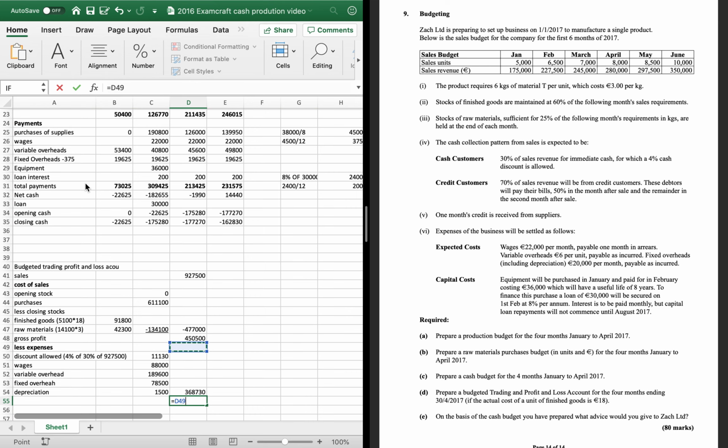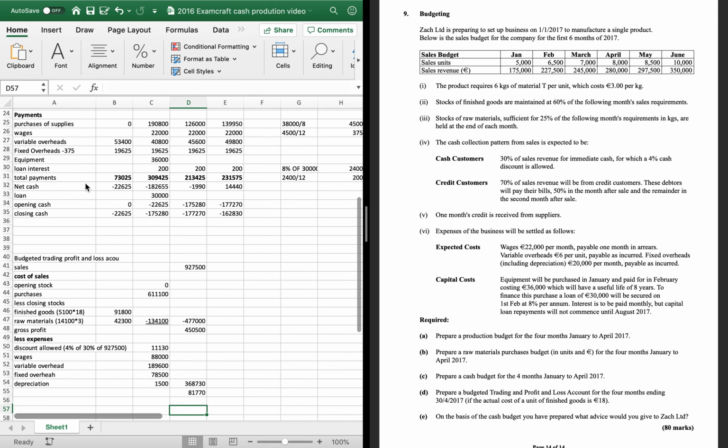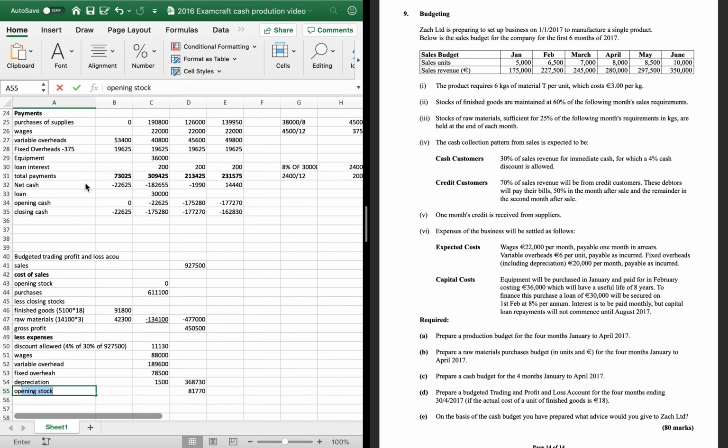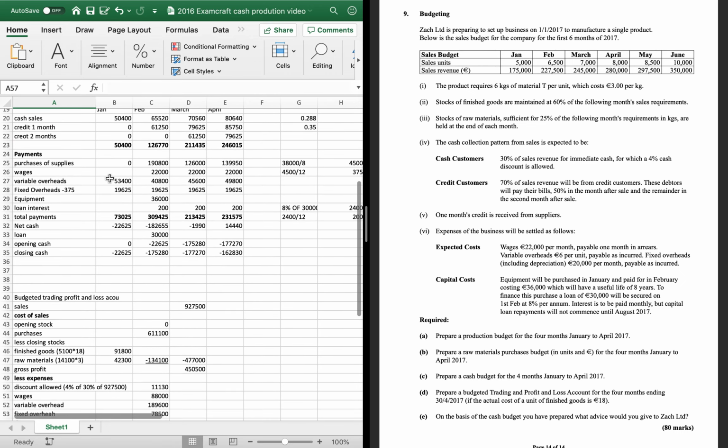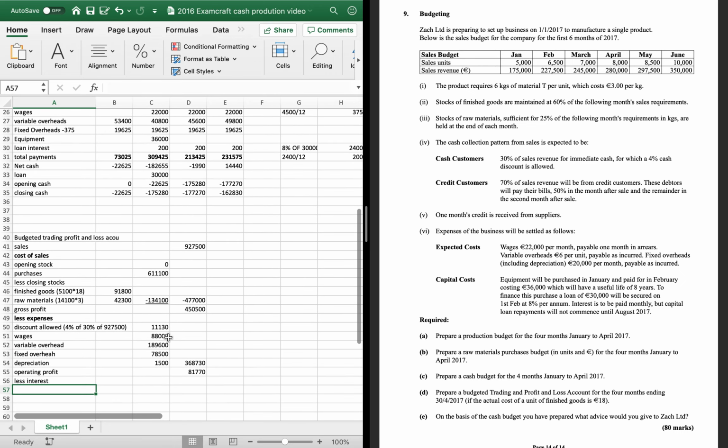So we'll take that away and we'll get our operating profit. And to finish it off, we're going to take away the interest. And the interest was 200 a month, so that is €600. And that gives you a net profit of 81,170.